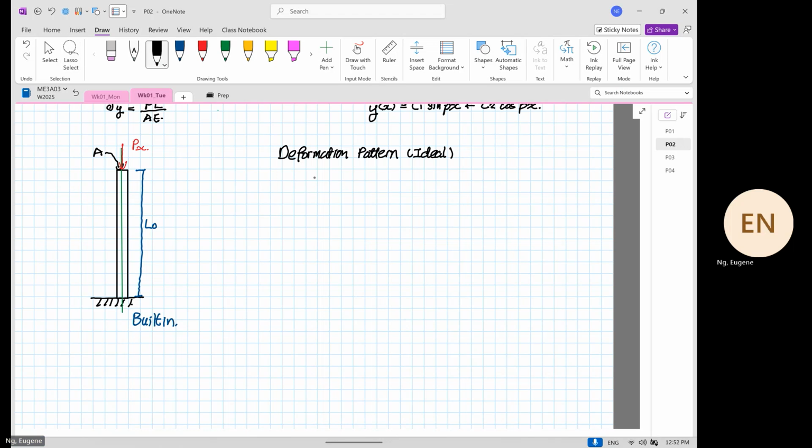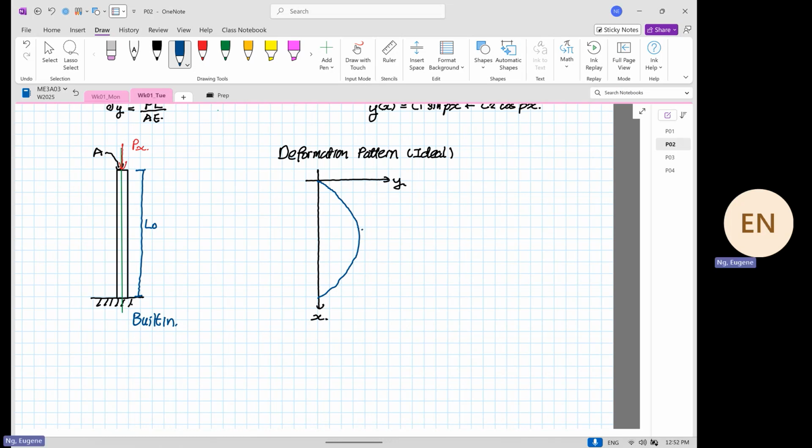So over here, I have an axis, which is our y-axis, and over here we have our x-axis. When the structure deforms, we make an assumption that it's going to be deforming this way.